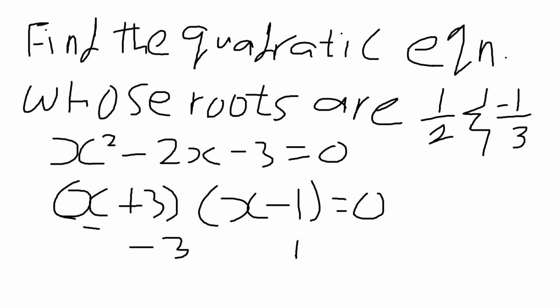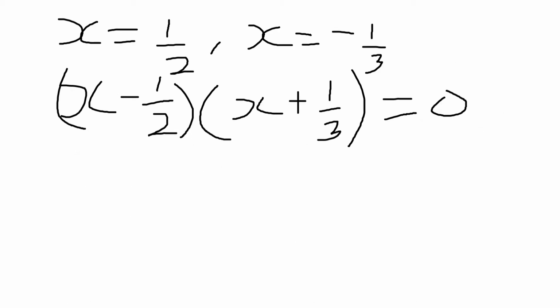And in the second part, it is only 1 that we can put here that will make the whole of this equal to 0. So the same thing happens here. When we know that x is equal to half, it is only half that we can put in position of x.